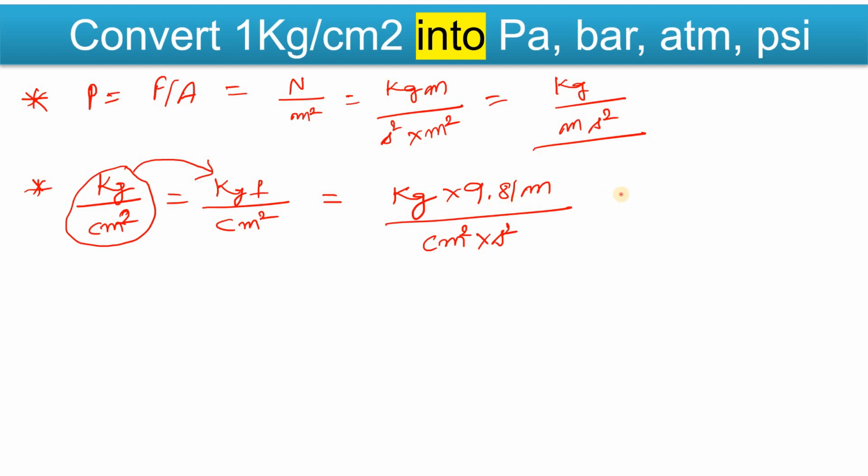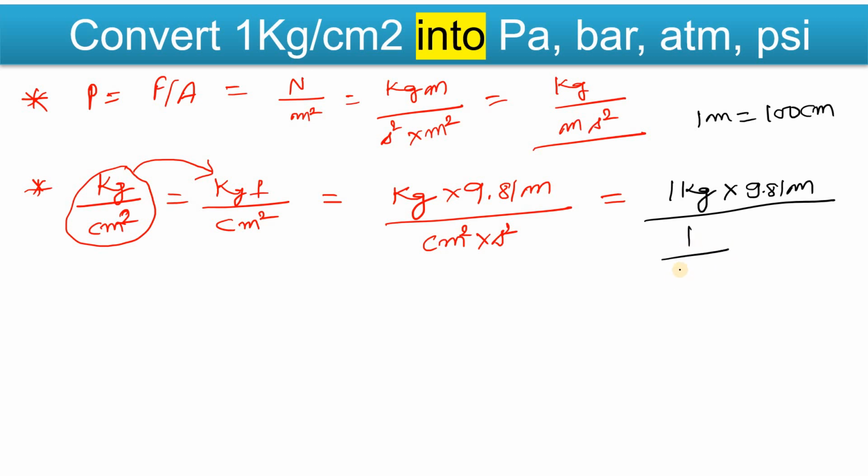Now let's do the unit conversion. So see here, 1 kg into 9.81 meter divided by, just convert centimeter square into meter square. So we know that 1 meter is equal to 100 centimeter. So what will be here?